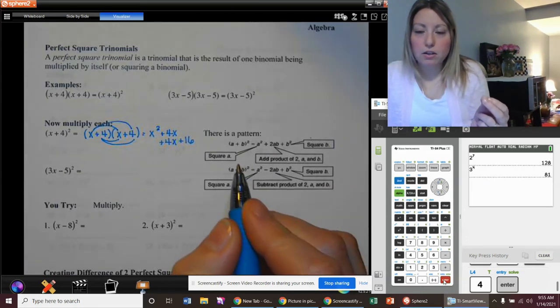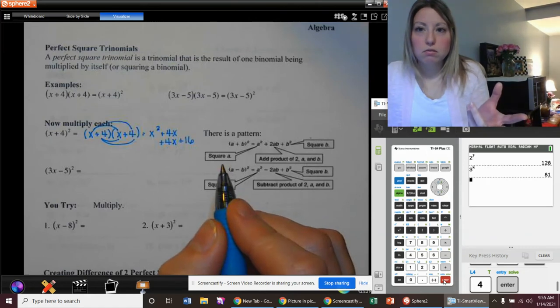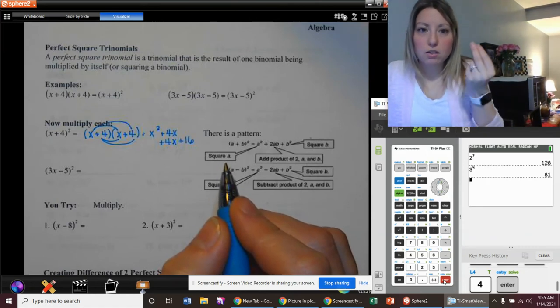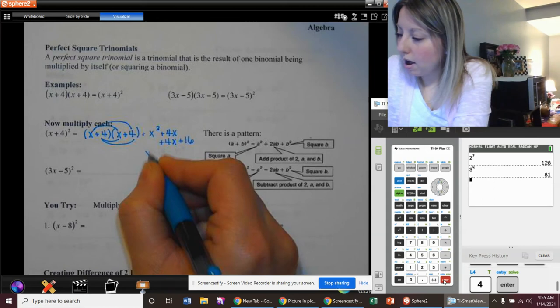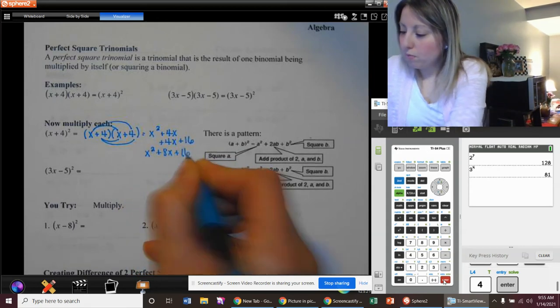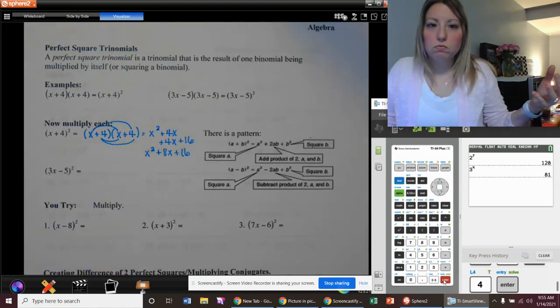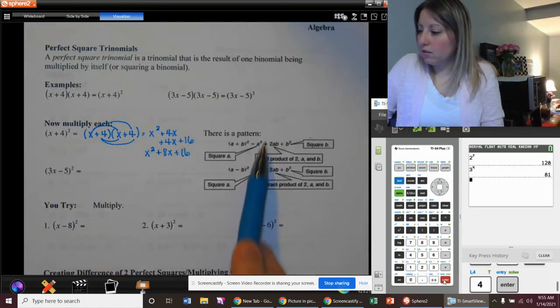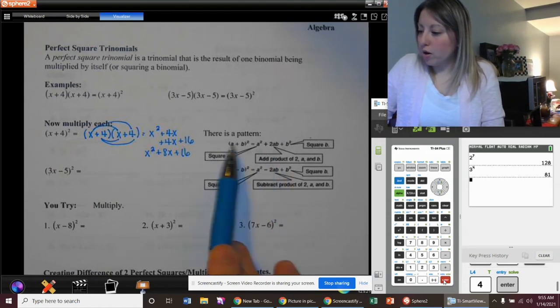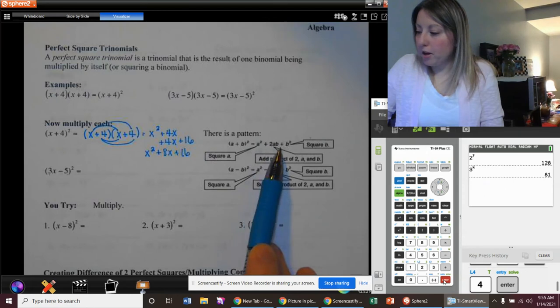It's the same thing added together twice. 4x plus 4x, 8x. So what could I have said to myself to get the middle quicker? Oh, this times 2. And that's what they're showing you right here. That's the pattern. Square the front, square the back, multiply these together, and multiply it by 2 for the middle.